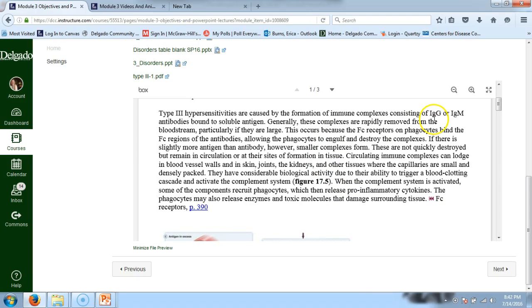Right, so antibodies-wise, it's IgGs and IgMs. These are the ones that would be found in your blood and throughout your body. Usually they're rapidly removed, particularly if they're large. But this problem occurs when the Fc portion on the phagocytes binds to the Fc region of the antibodies, and they engulf and destroy them. If there is slightly more antigen than antibody, smaller complexes will form, and these don't get cleared as easily as those big complexes of antigen with antibody.